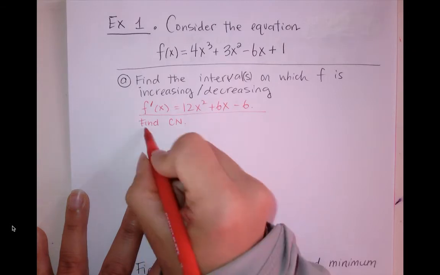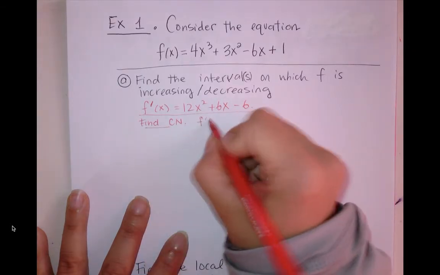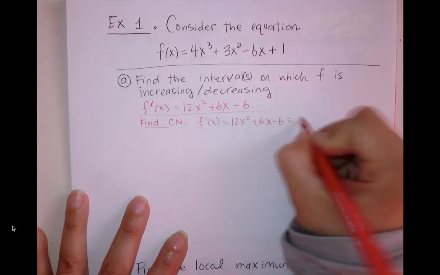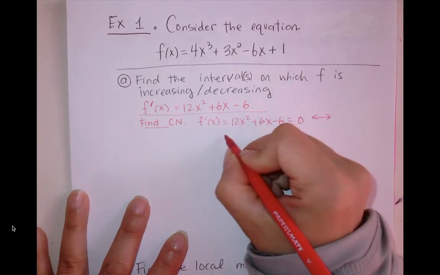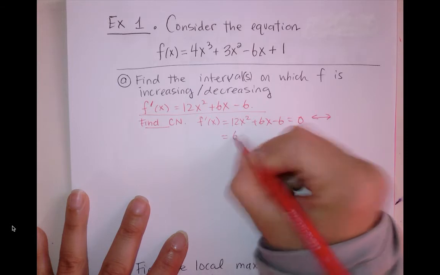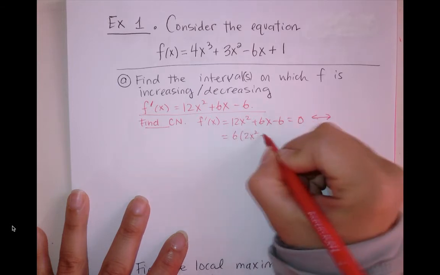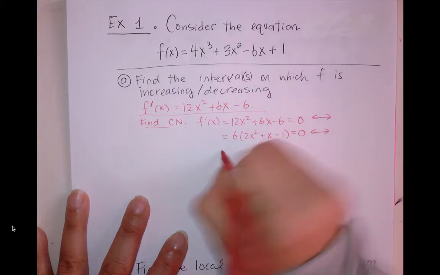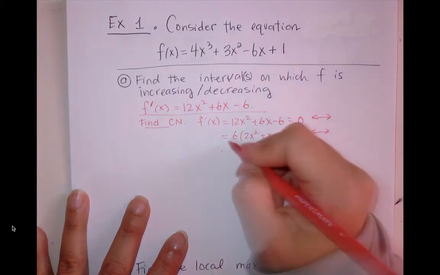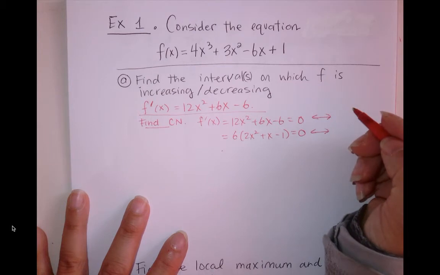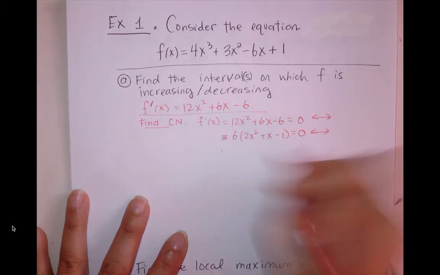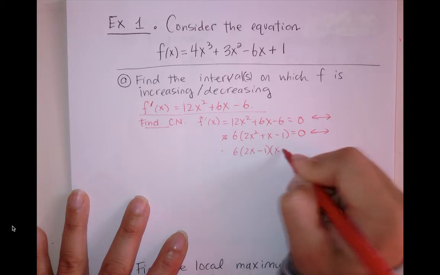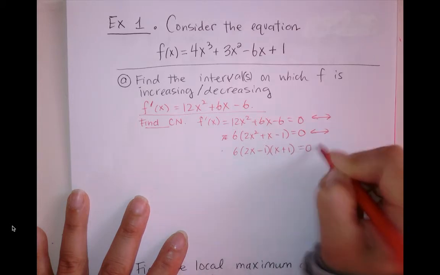So let's find the critical numbers. f prime of x is 6 times 2x minus 1 times, okay, I think I factored this correctly.